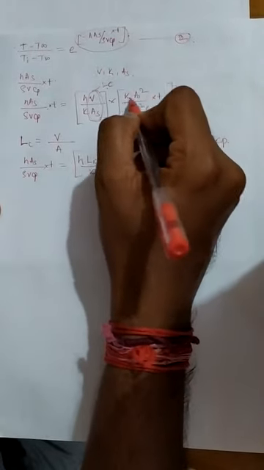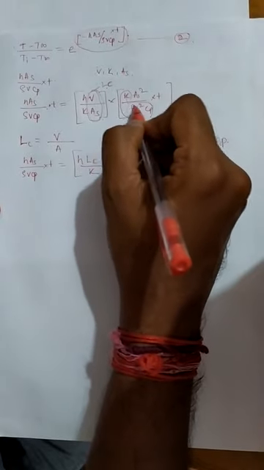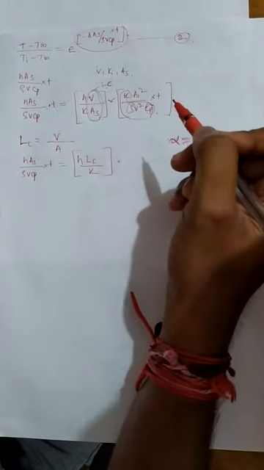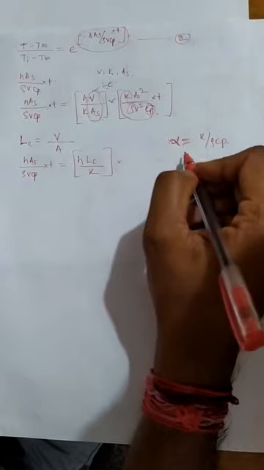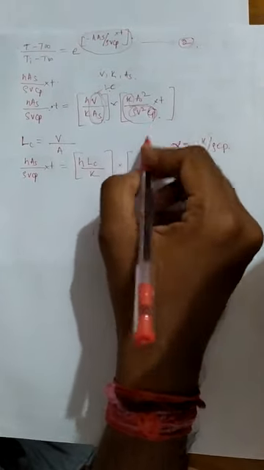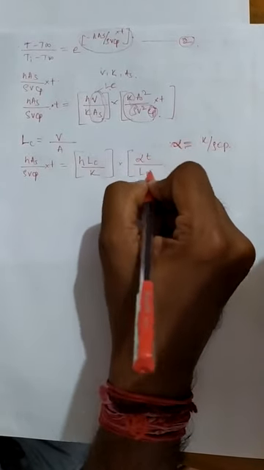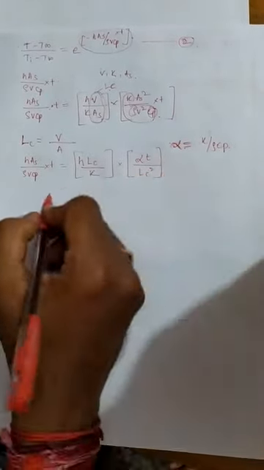So the above equation becomes alpha into t divided by Lc squared.